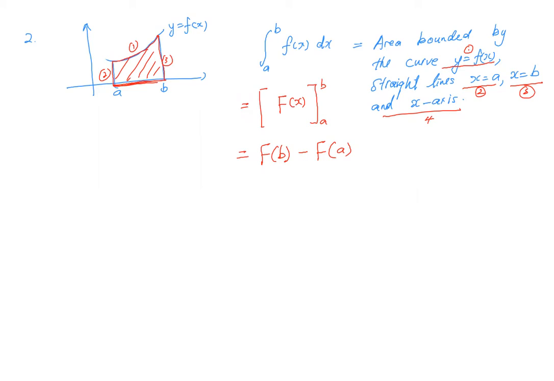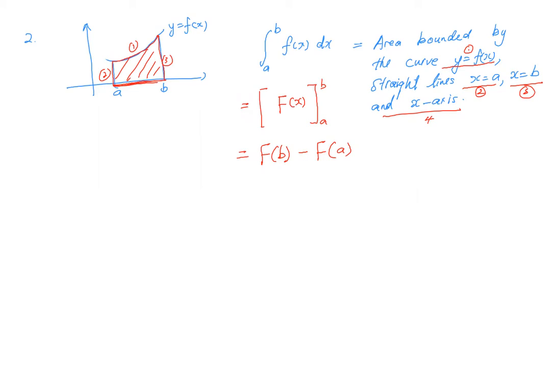As the number of rectangles increases, approaches infinity, the overestimate or the underestimate of the sum of the rectangles will approach the exact area bounded by the curve. So there is a sense of limit also. Are you okay?